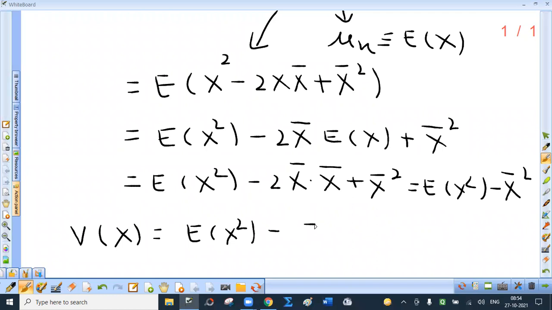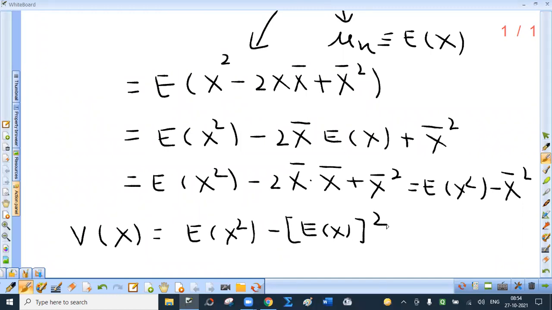So I can say that variance x is nothing but E of x square minus x bar square. But what is x bar? It is E of x. So what is variance? It is E of x square minus square of E of x. Clearly, variance is always non-negative. It is never negative.